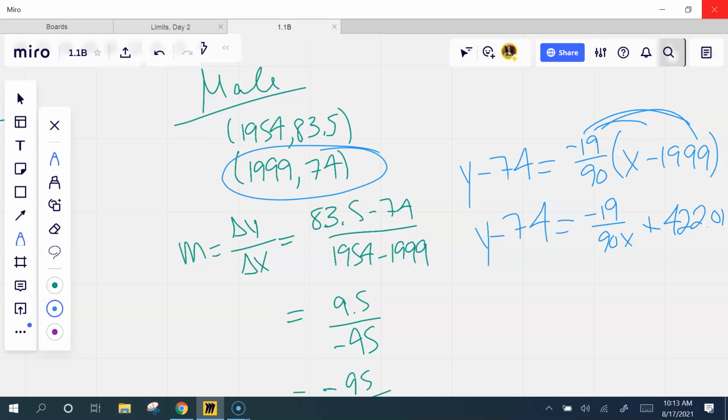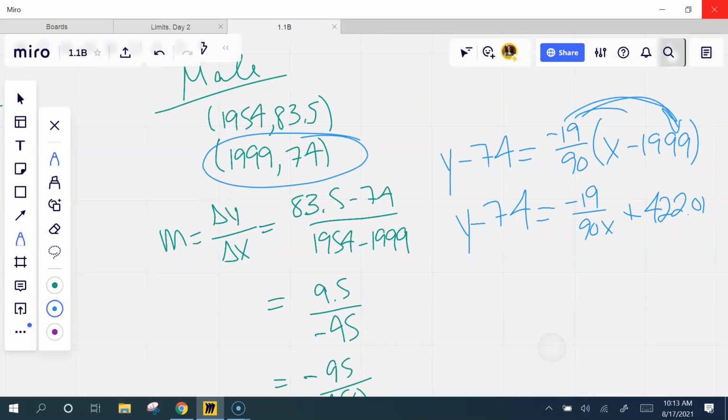If you multiply through here, divided by 90. And then I'm going to add the 74 to both sides. So I get y equals negative 19 over 90. If I had my calculator, I'd have an exact fraction for you here, but that's close enough.